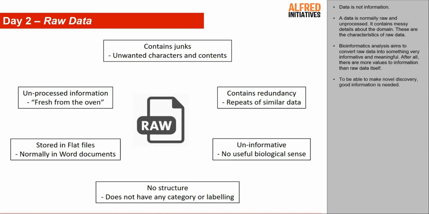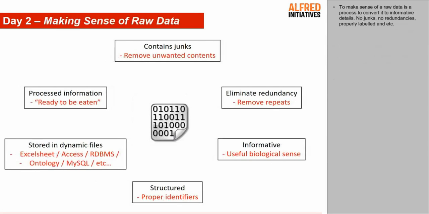To be able to make novel discoveries, good information is needed. To make sense of raw data is a process to convert it to informative details: no junk, no redundancies, properly labeled, and so on.